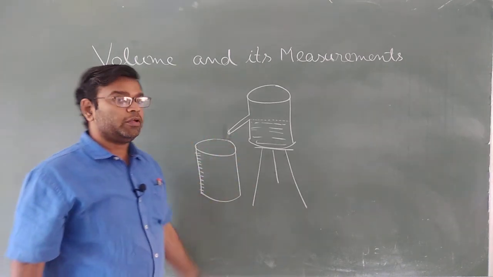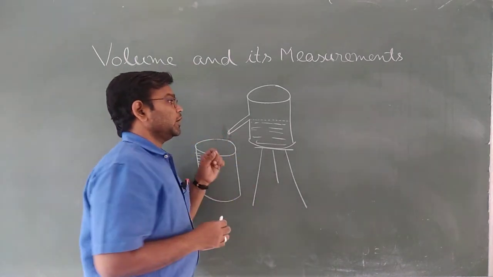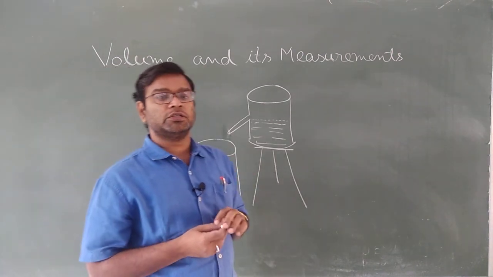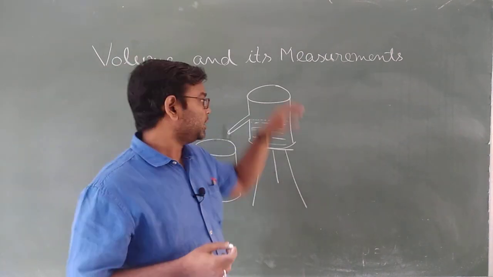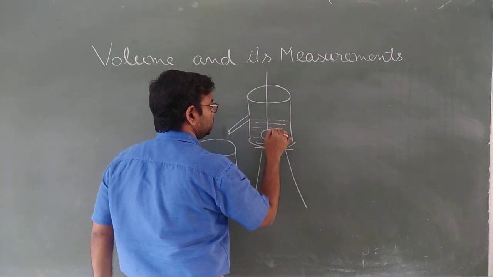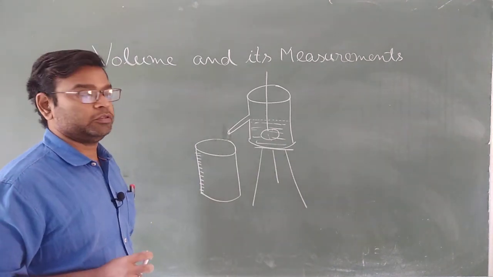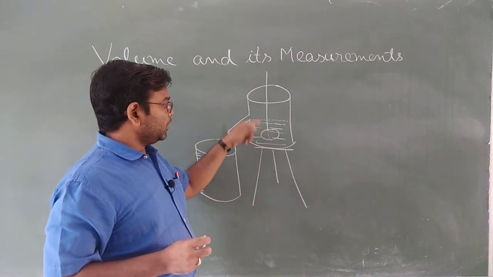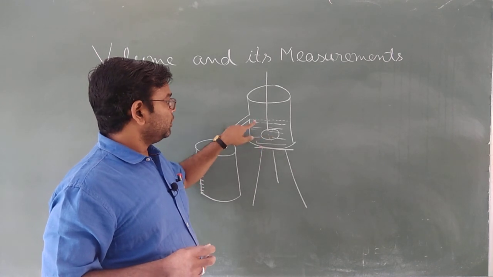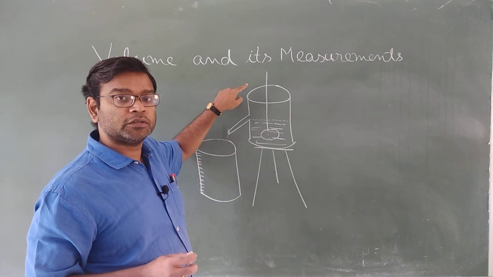Now how are we going to find the volume of the irregular solid? Tie the irregular solid with some thread and insert that tied solid in the overflow jar. What happens now? As this is inserted, the level of liquid rises upward.